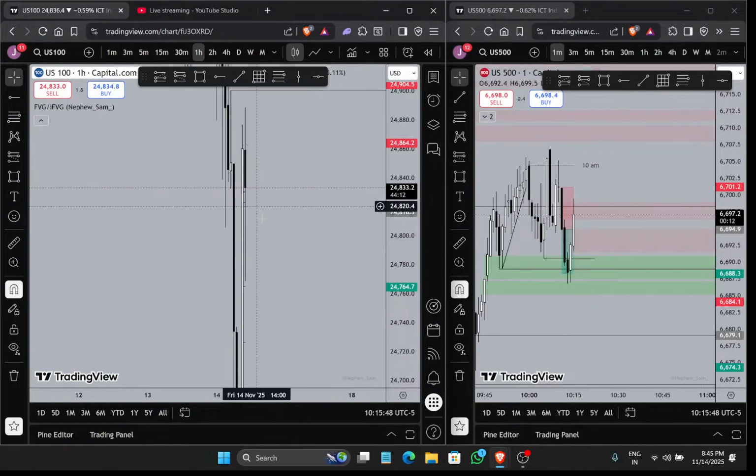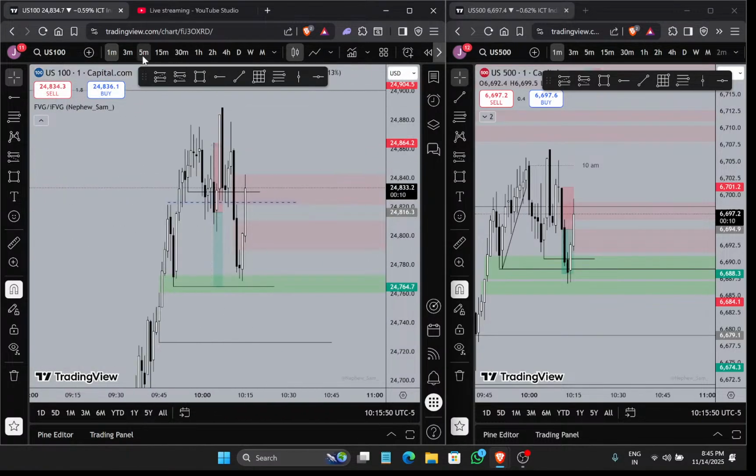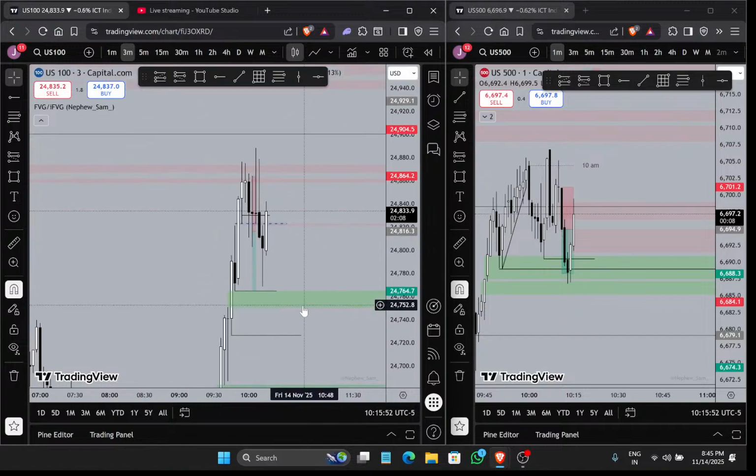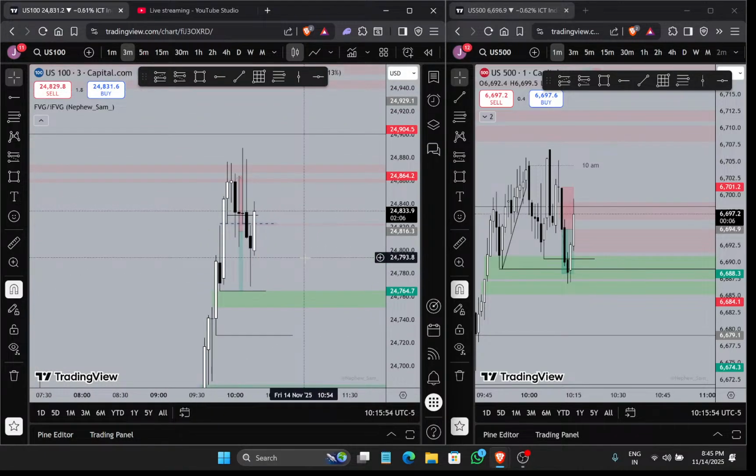And this is the wick of the 1 hour 10 a.m. candle, guys. That's the wick.